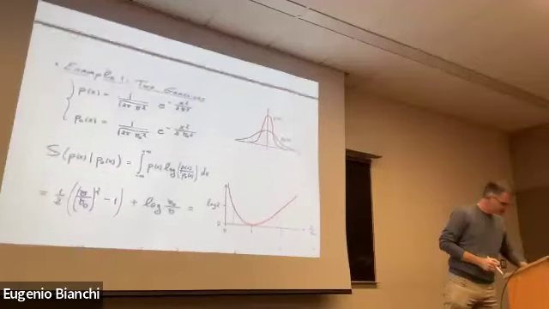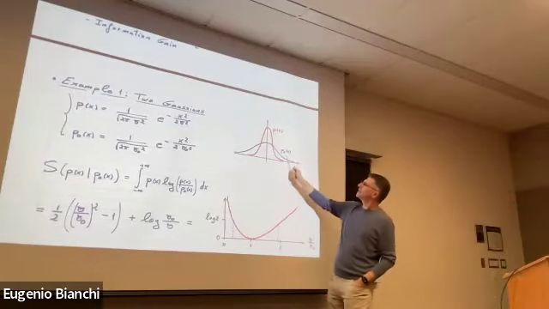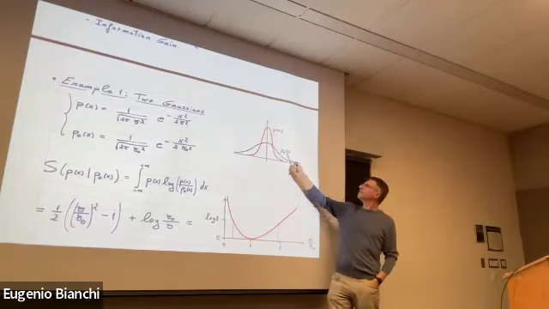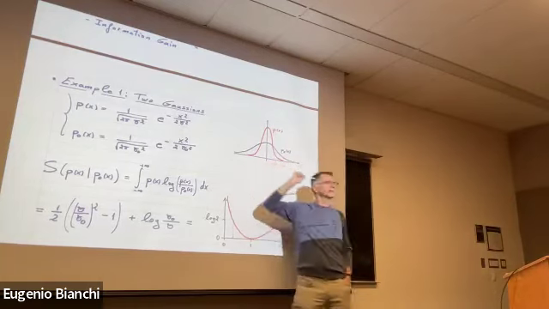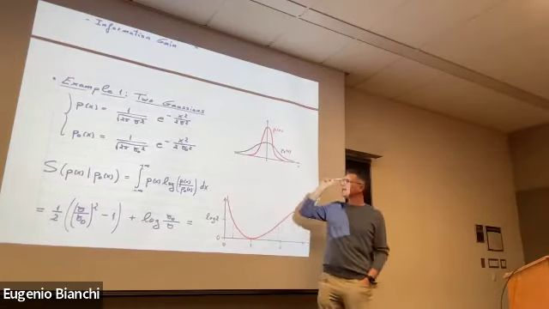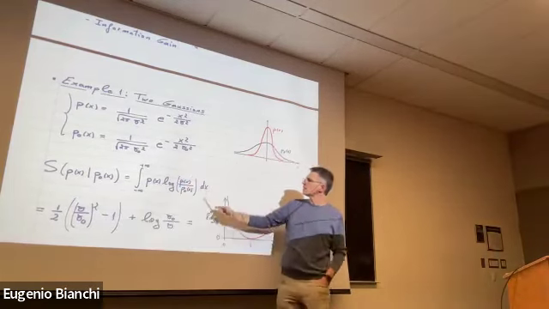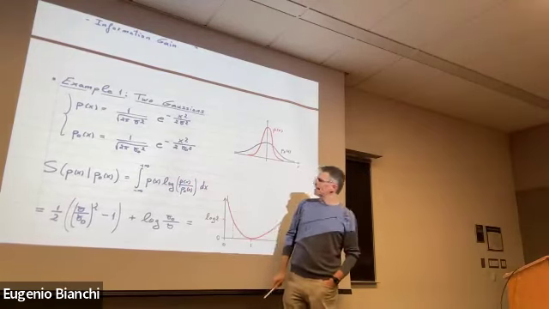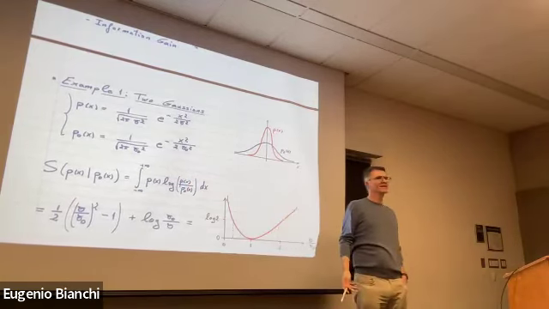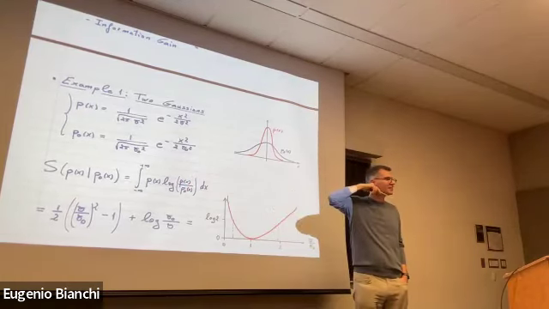So the first example is: take your reference distribution to be a Gaussian, and the distribution you want to compare to that is also a Gaussian, but it has a different width. Okay? What is the relative entropy of P with respect to P naught? You just have to do this integral. It's easy to do. And you find that it depends only on a dimensionless quantity, the ratio of standard deviations, which is the only one in the game.